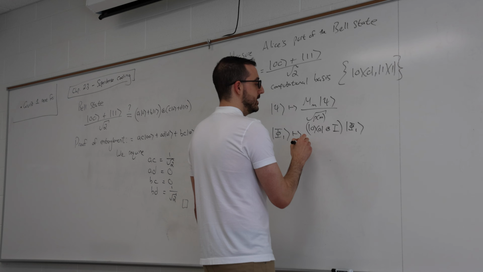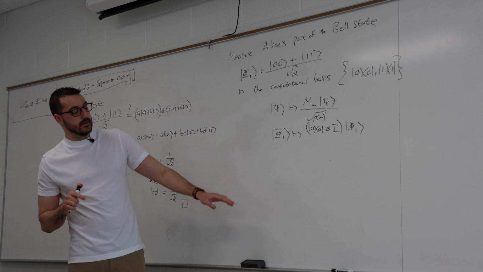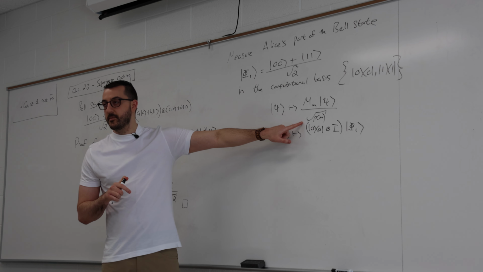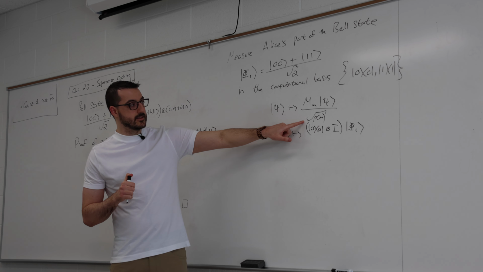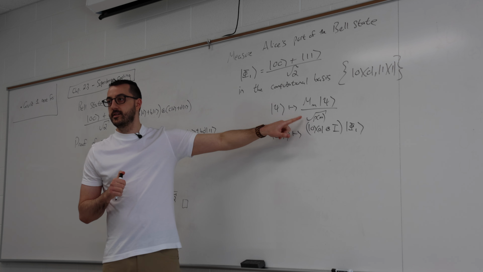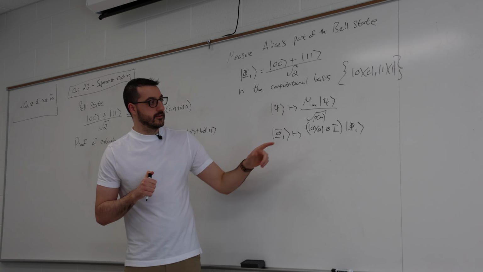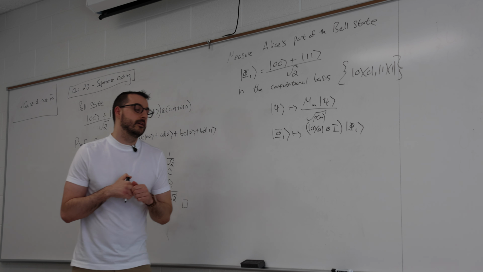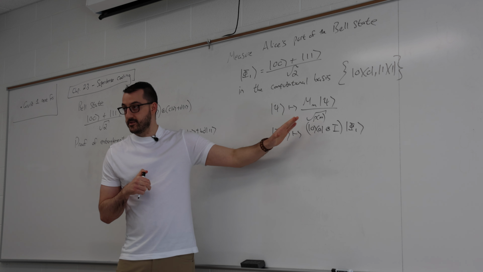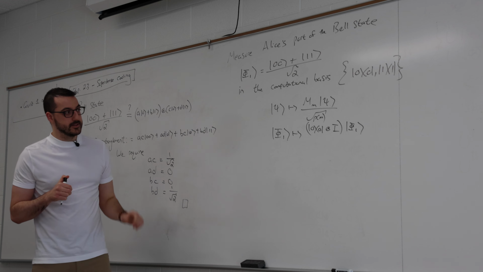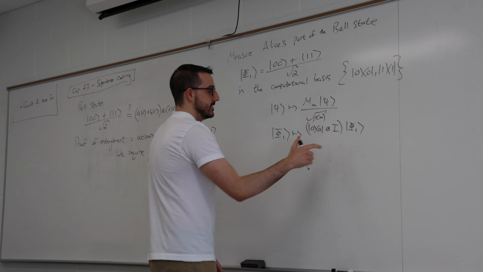And then I need to normalize it by the probability. And this will be the first of likely several instances where I'll be a proper quantum information scientist and just ignore the normalization because it doesn't matter for the analysis. So I'm omitting the normalization square root of P of M for now, but you shouldn't do this, for example, on your homework or quiz. Just know that it's there. So let's see what happens to this state.